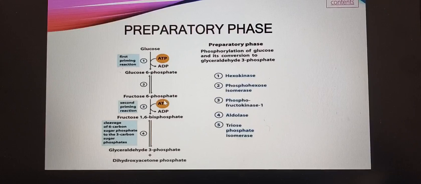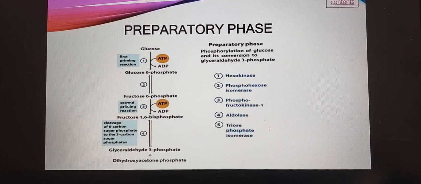In the third step of glycolysis, fructose 6-phosphate is converted into fructose 1,6-bisphosphate by the transfer of a phosphate group from ATP to carbon number 1 of fructose 6-phosphate.